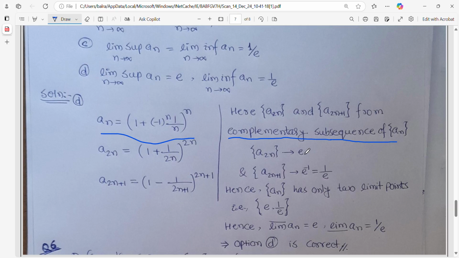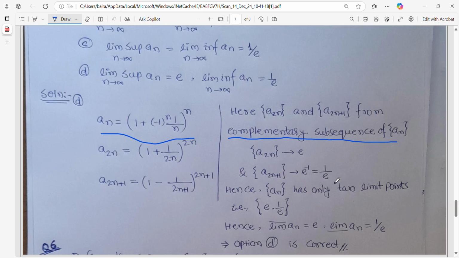Here also the limit is e to the power minus 1 by (2n plus 1) into (2n plus 1), these cancel, so e to the power minus 1, which is 1 by e.